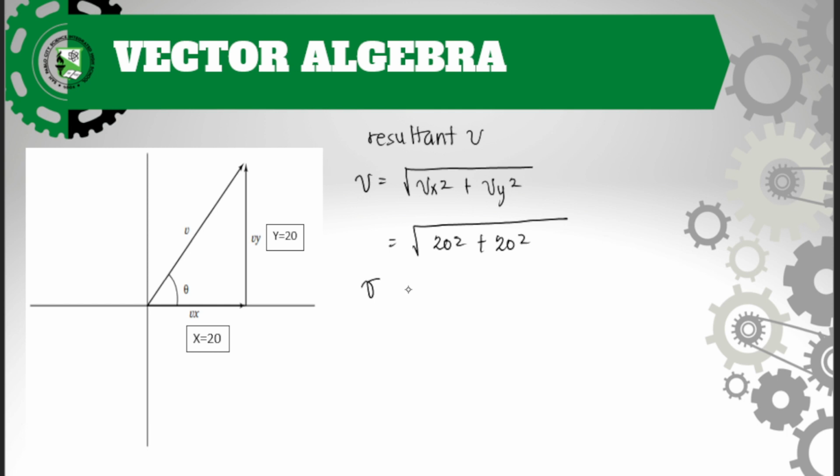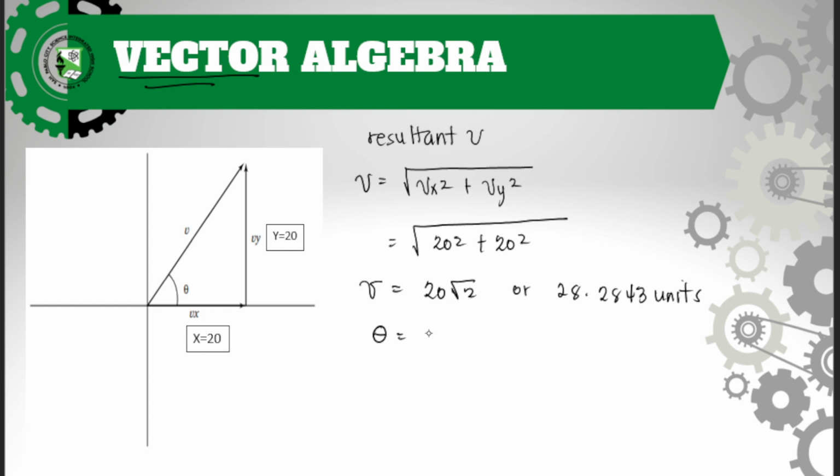So, resultant v is equal to 20 square root of 2 or 28.2843 units. Okay, so hindi tayo titigil dito ha. Since we're talking about vector, kailangan may direction. So, kailangan nating hanapin yung angle theta using SOHCAHTOA.